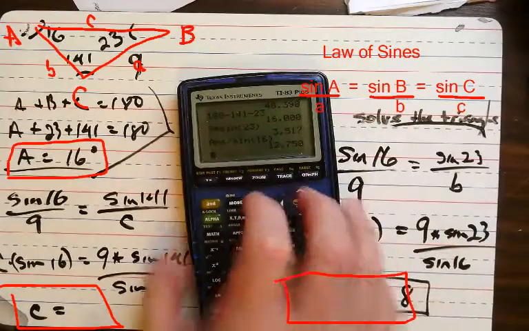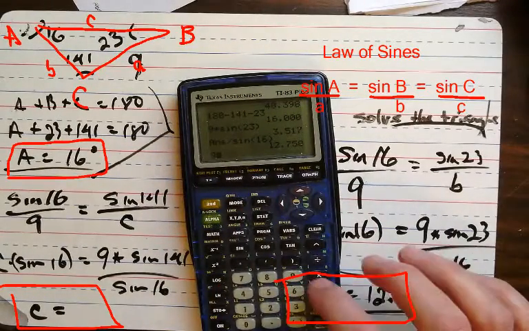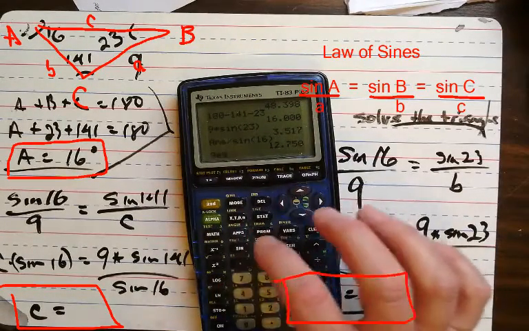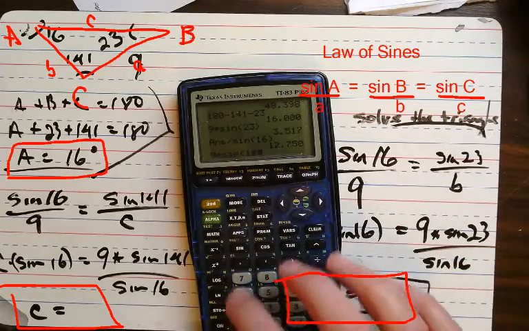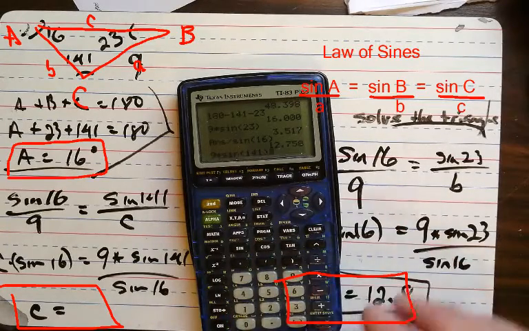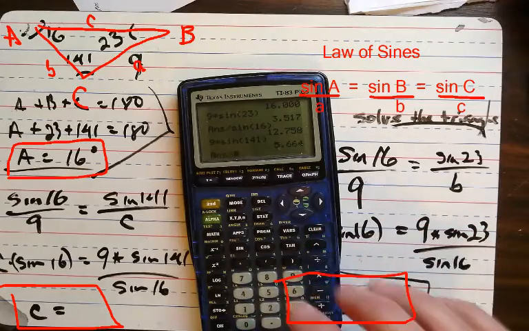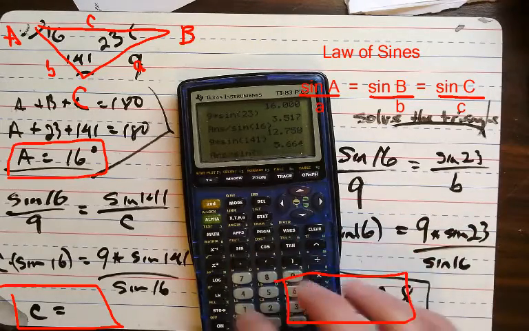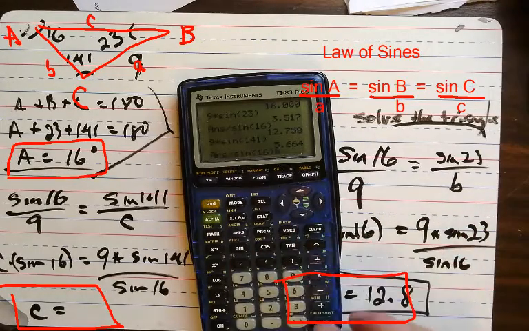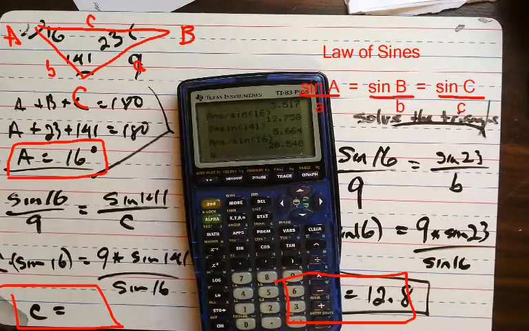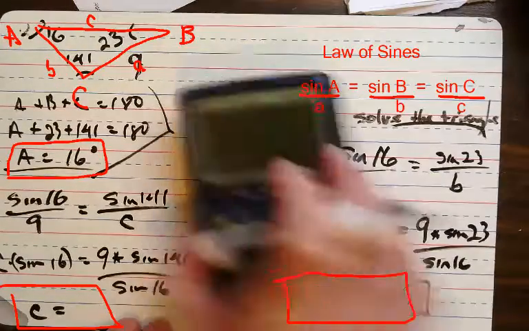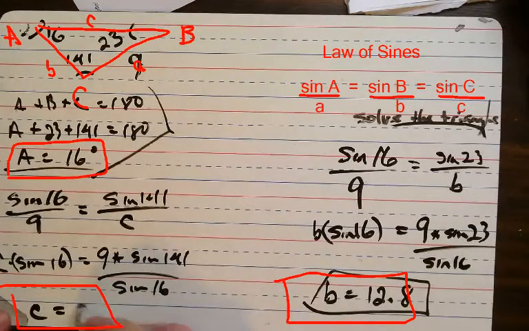Well, I know 9 times the sine of 141. That's gigantic. Divided by the sine of 16. Kaboom! What does that say? 20.5. I can do that. 20.5. Ta-da!